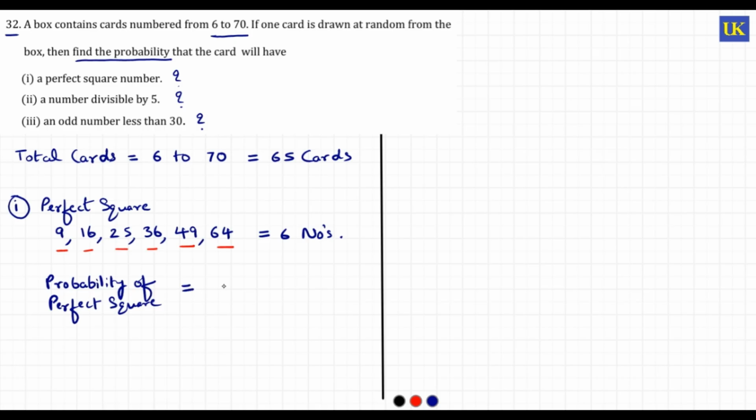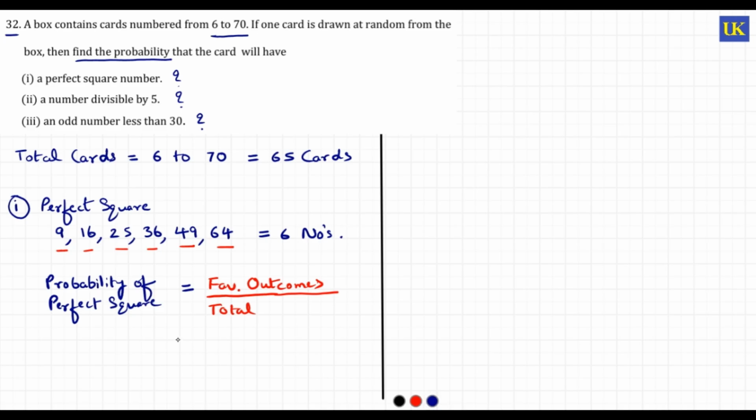The formula is favorable outcomes upon total outcomes, right? Favorable outcomes upon total.